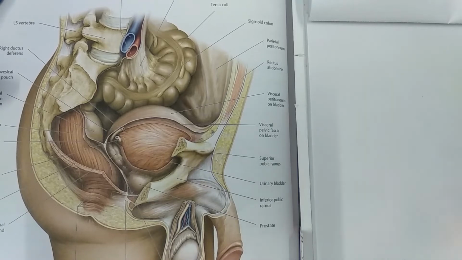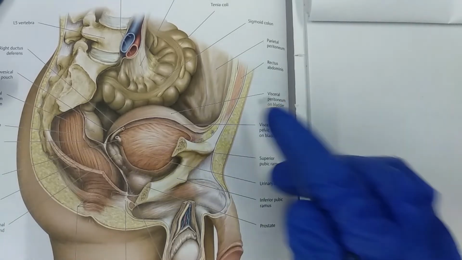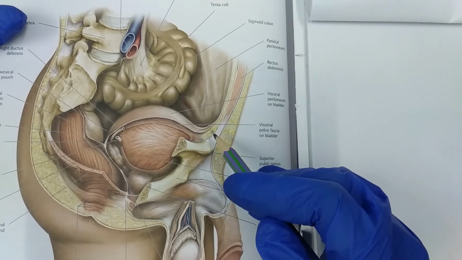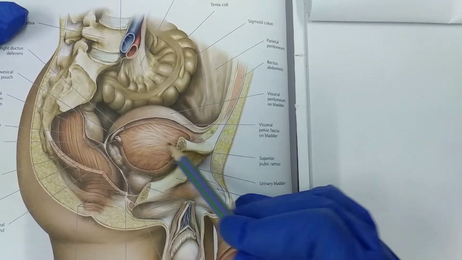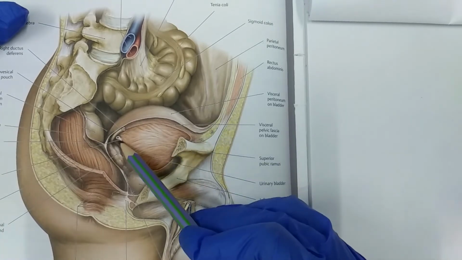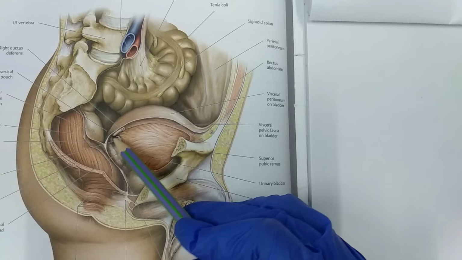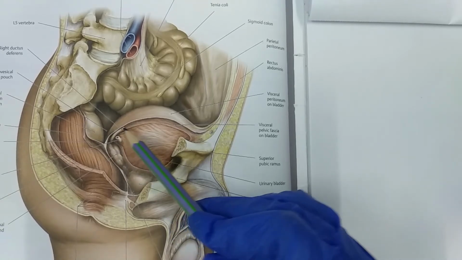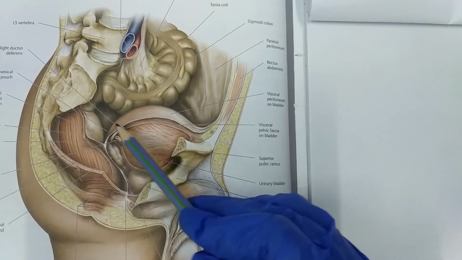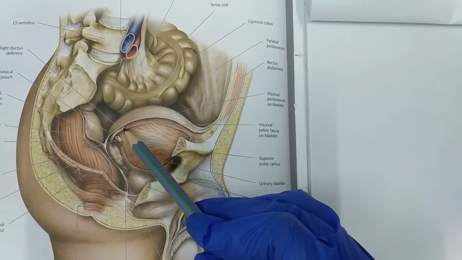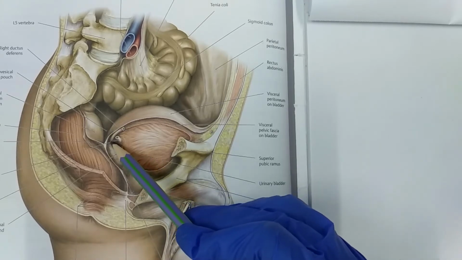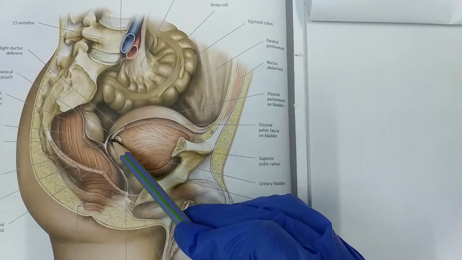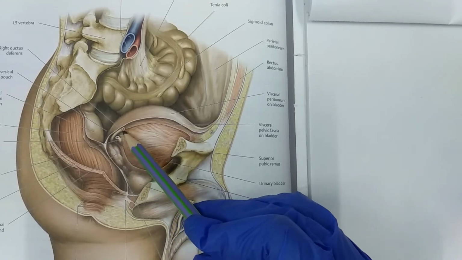Now this is the lateral view of the cut section of the male pelvis. Here you can see this is the bladder, this is the ureter, this is the right ductus deferens. I am going to tell you the relation: the ductus deferens crosses the ureter superiorly from lateral to medial side.